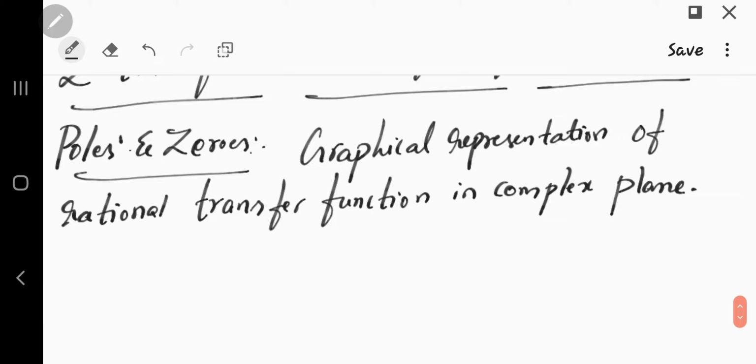And in the region of convergence also, the poles and zeros play an important role. So we use locating poles and zeros in region of convergence, because the properties of ROC says no pole should be present in the region of convergence. So that is the reason here.